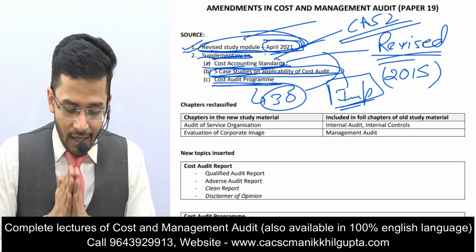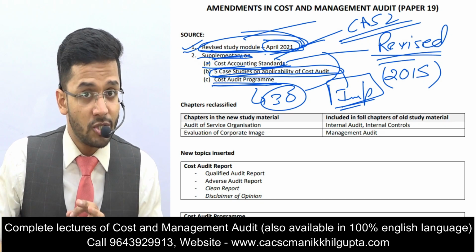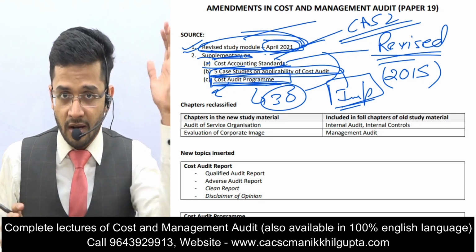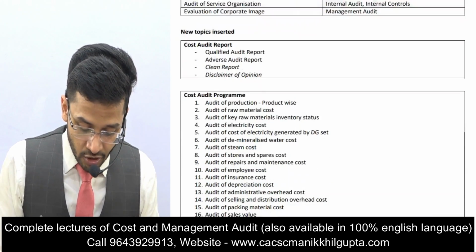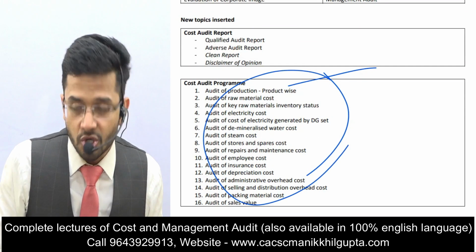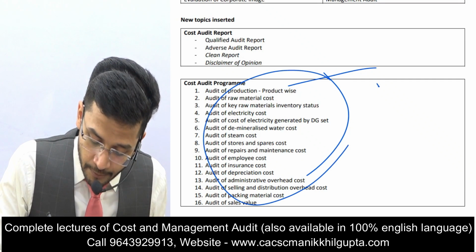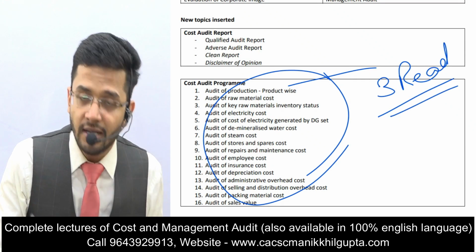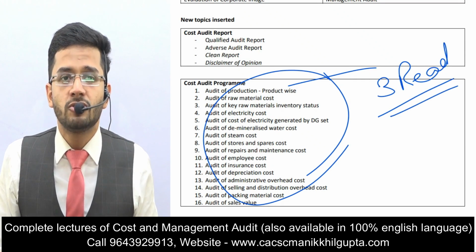So these are a set of steps which a cost auditor should do to perform cost audit of a particular function. So there are several functions which are given in your book, and for these functions cost audit program has been devised. So guys, these 30 pages are to be read 3 times.